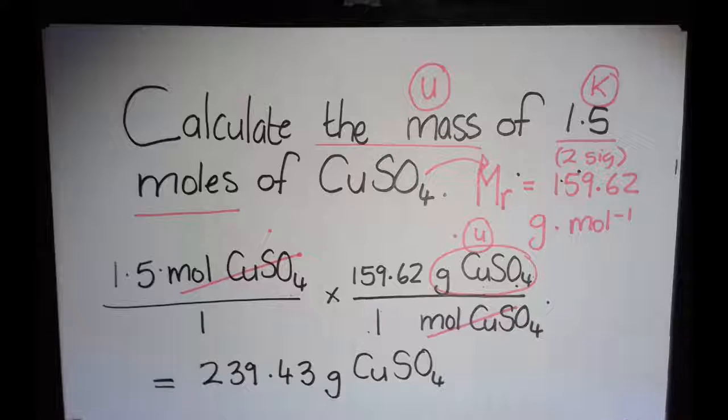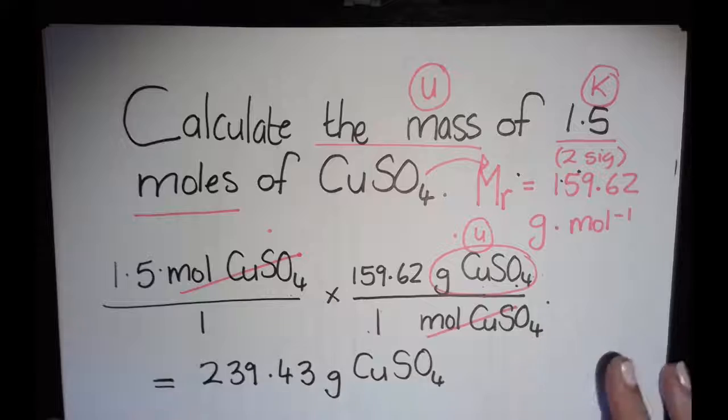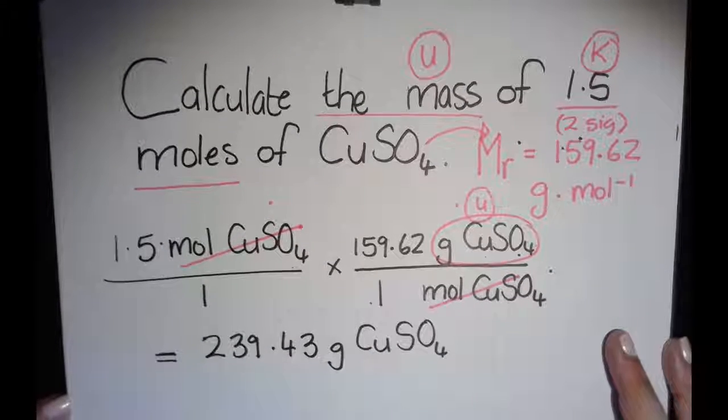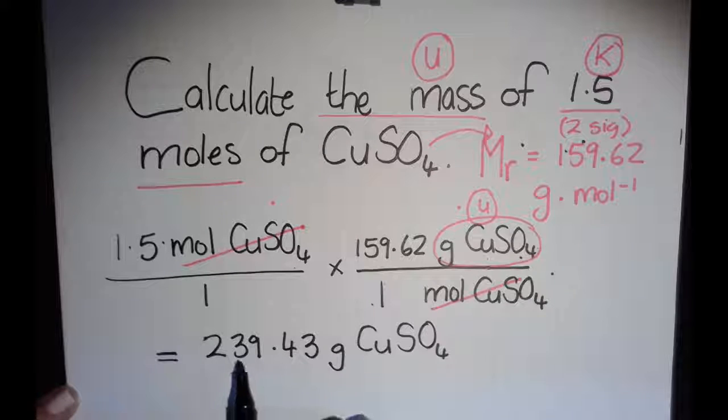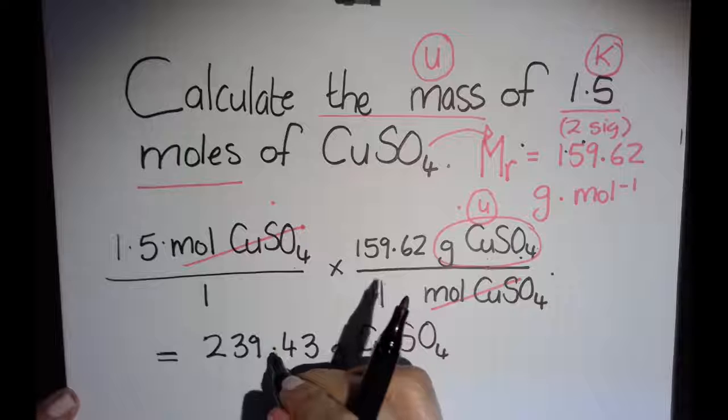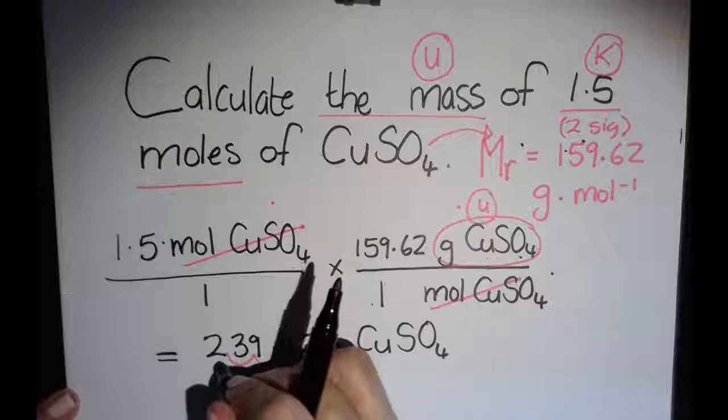But because it's stoichiometry, it's possible that they will leave it as 239.43. But if you have to write this as 2 significant figures, you will simply make sure that you move the comma to the front so that you only have one value left. In other words, my comma is going to go 1, 2 forward.